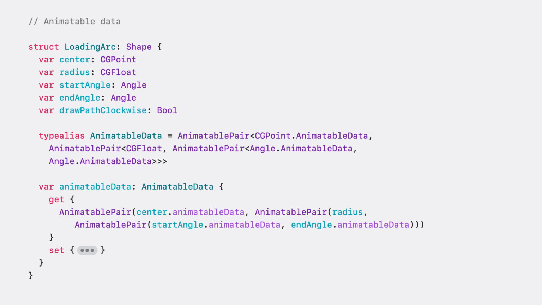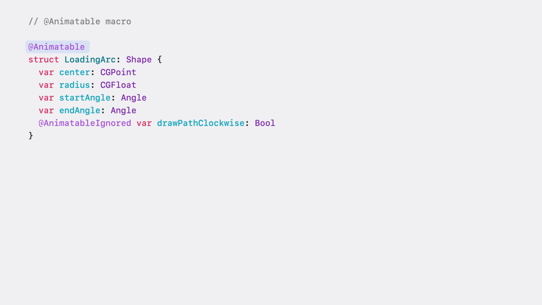Once I add that full animatable data declaration, that's a lot of code to just exclude the drawing direction. Using the new Animatable macro, I'm able to delete the custom animatable data property and let SwiftUI automatically synthesize it for me. I use the AnimatableIgnored macro to exclude properties I don't want to animate, like the drawing direction.